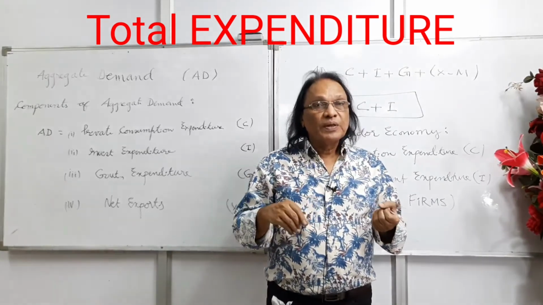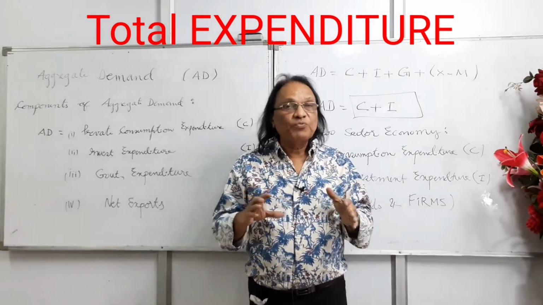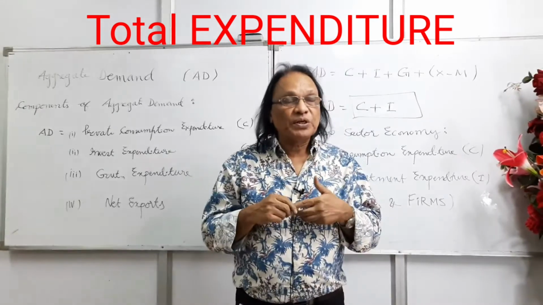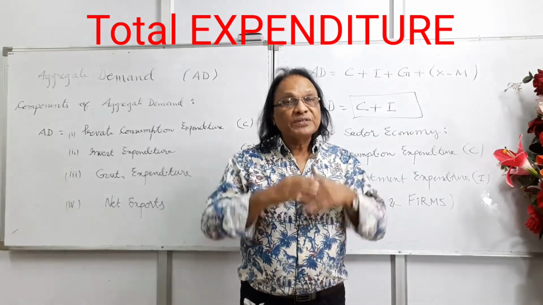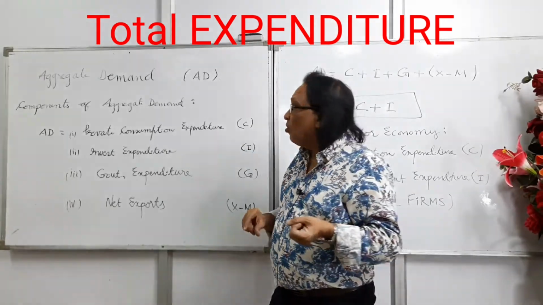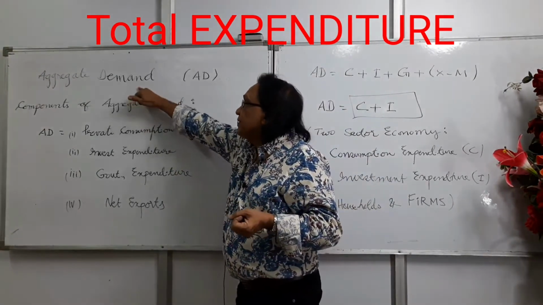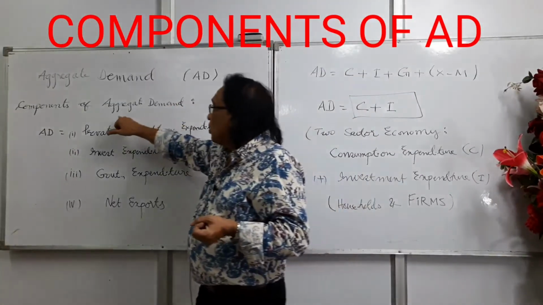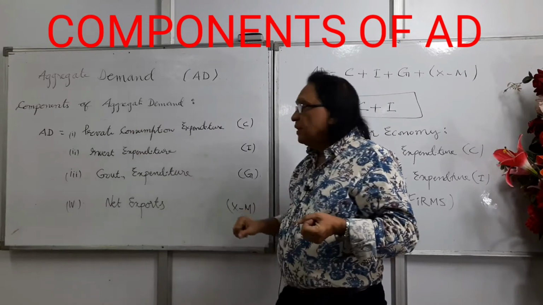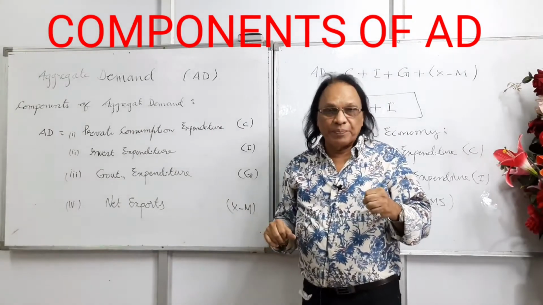As I told you, in the economy, we demand goods either for consumption or for production, investment. Hence, we can classify all the components of aggregate demand. This aggregate demand, we write it as AD. What are the components of aggregate demand? It has four important components.